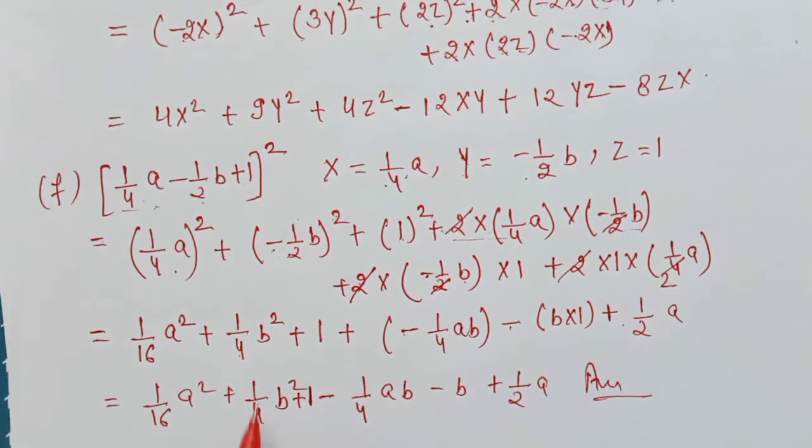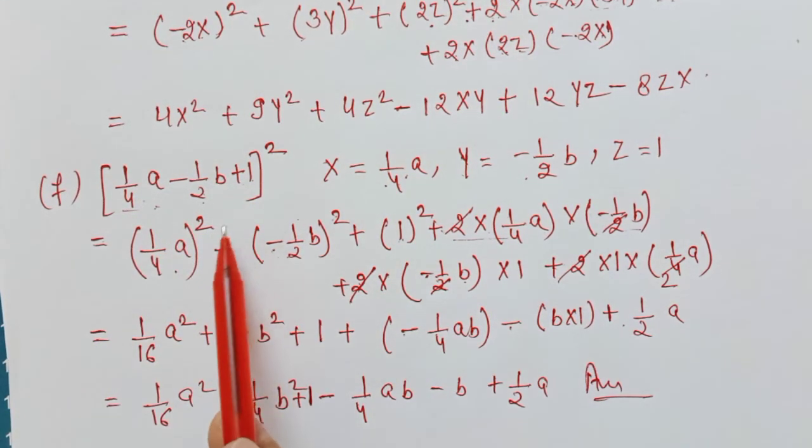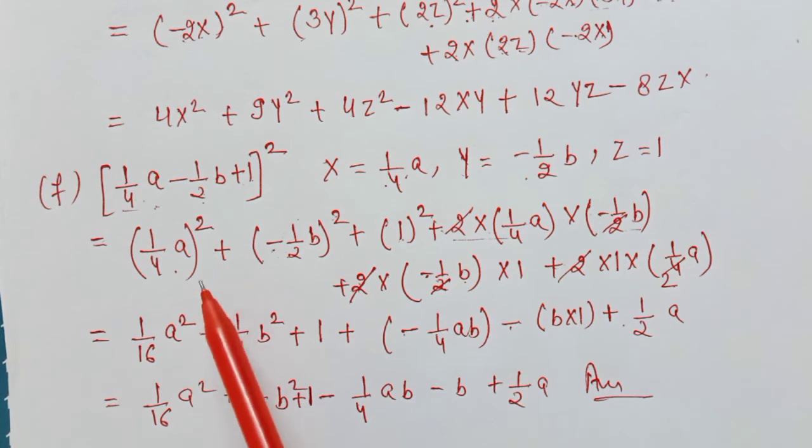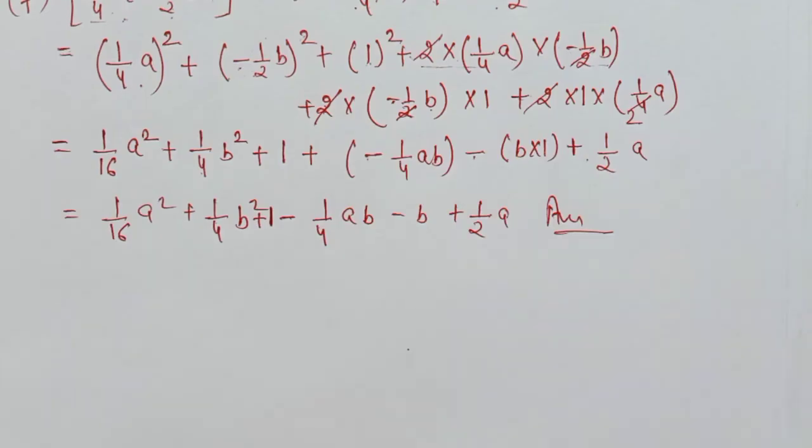This is your answer when you expand this by the help of the identity (x + y + z) whole square. So this is your answer, guys. Hope this question is clear to you and the concept is also clear to you.